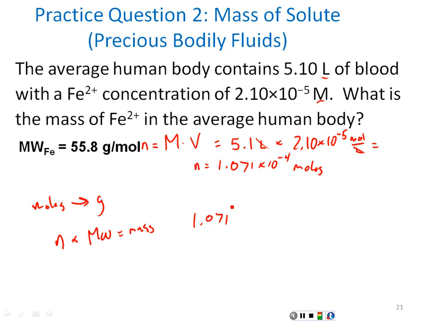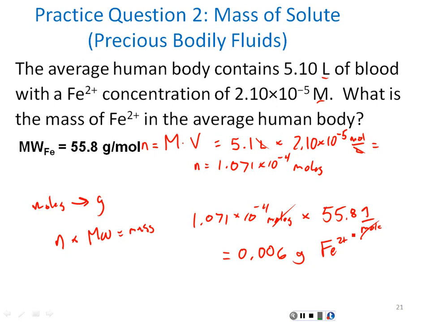So we take the number of moles we have, multiply that by the molecular weight of iron, 55.8 grams per mole. Moles cancel, and we're going to be left with an answer that's in grams, which would be 0.006 grams of iron 2.